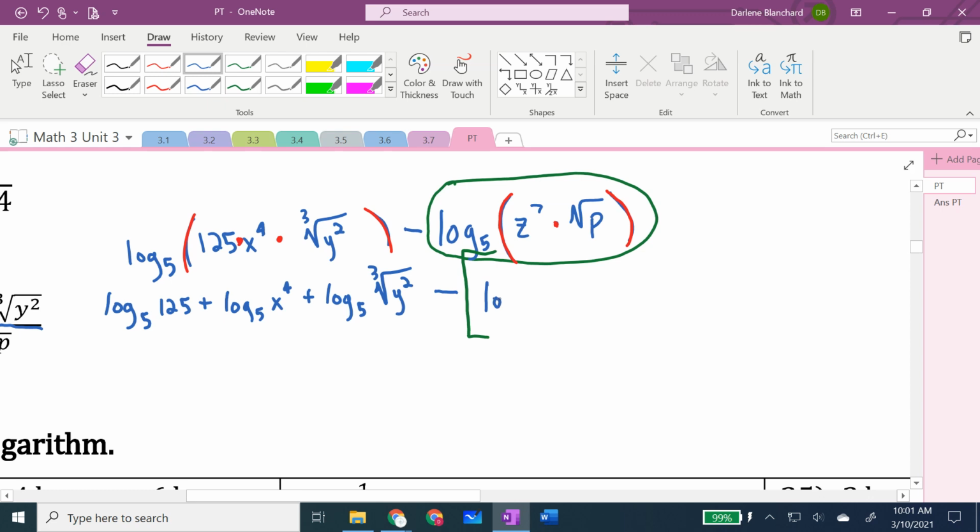That means that I have log base 5 of the first item that is multiplying plus log base 5 of the second item that is multiplying. Now I'm not done yet, but what I want to do next is distribute this subtraction over this bracket.